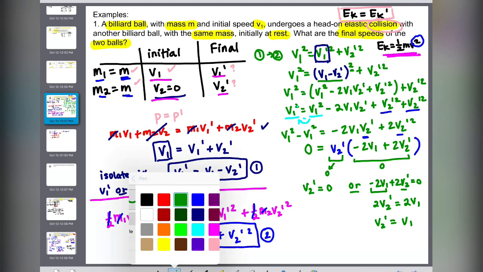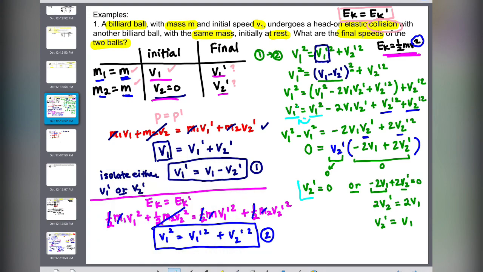So I got two solutions here. Solution 1: the final velocity of object 2, v2 prime, is 0. Or the final velocity of object 2 is the same as the original velocity v1. Okay, so then finally plug it back into one of the equations. If v2 prime is equal to that, what is v1 prime then?